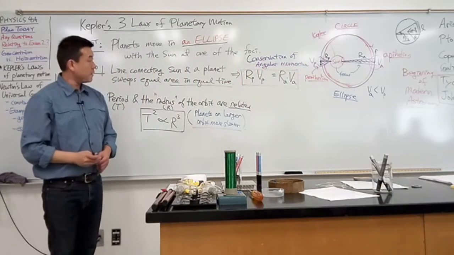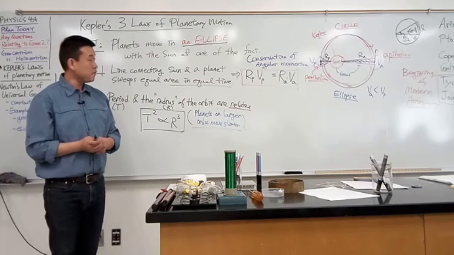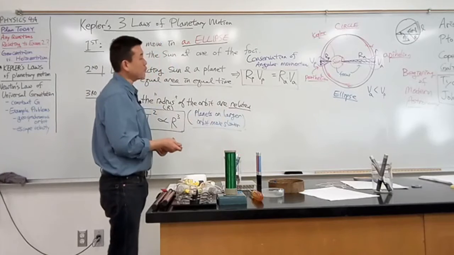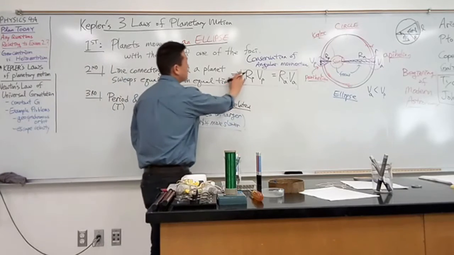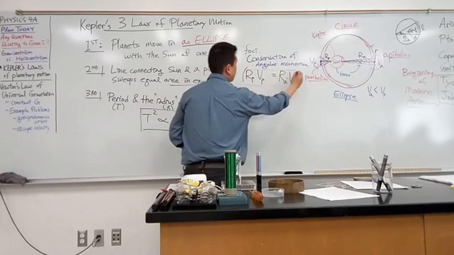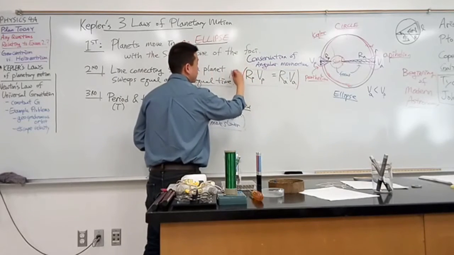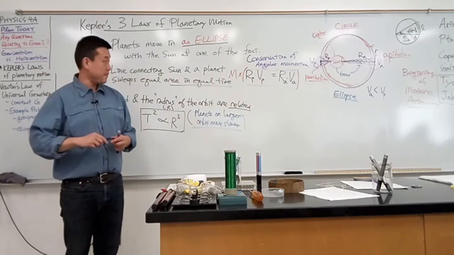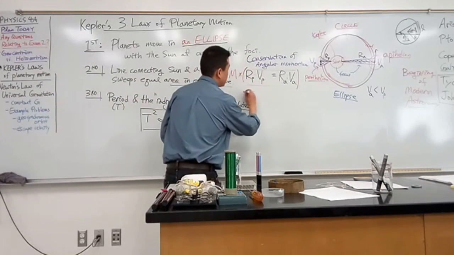Let me multiply this equation with one quantity to help you see that. That one quantity should be, I think, the mass of the planet. So multiply this by the mass of the planet, and that will give you the expression that you need. Let me write up the cleaned up version here.